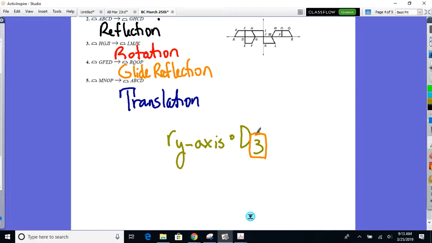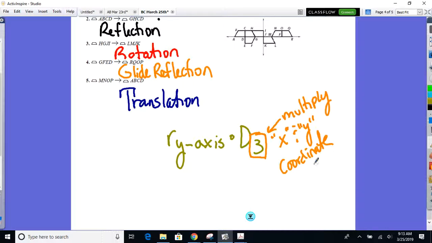That number that's with the dilation, that's what you multiply your x and y coordinate by. All right, so you guys can get started on that. Read everything carefully. There's a couple things you have to do specifically on number 3 and number 7. Answer key up on Aspen.